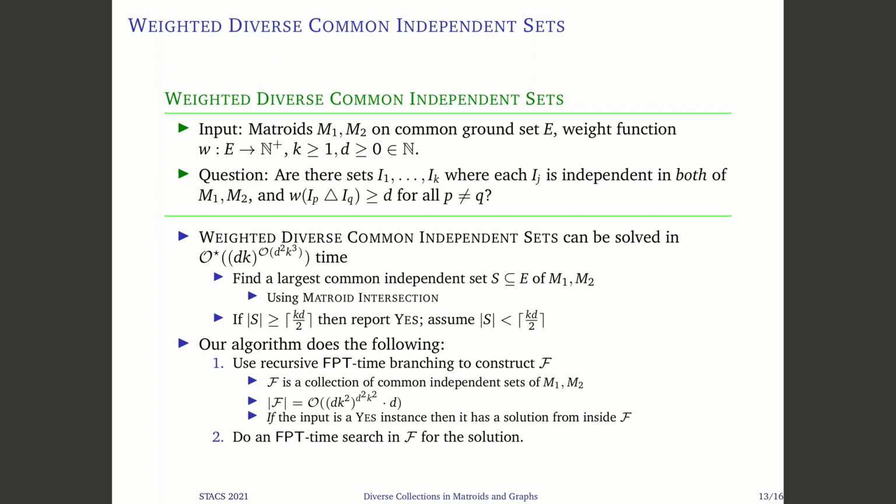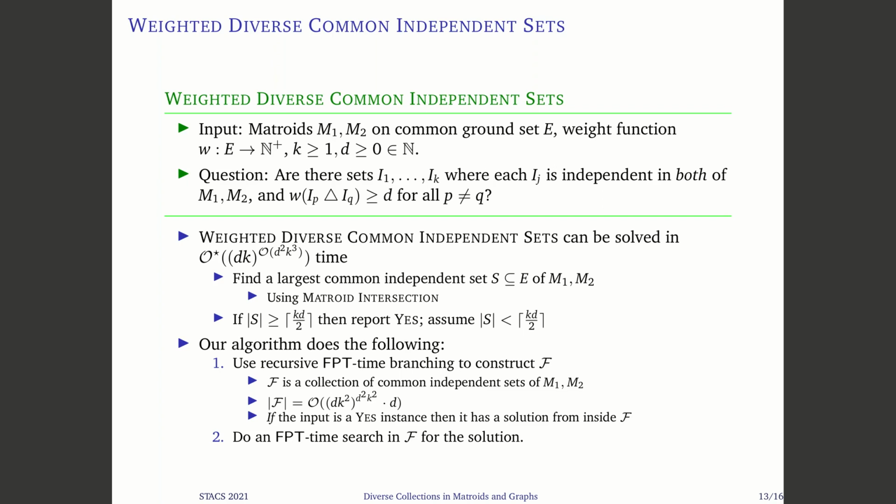Now given this, our algorithm does the following. We do branching. We use a recursive FPT time branching to construct a collection F of common independent sets of M1 and M2.